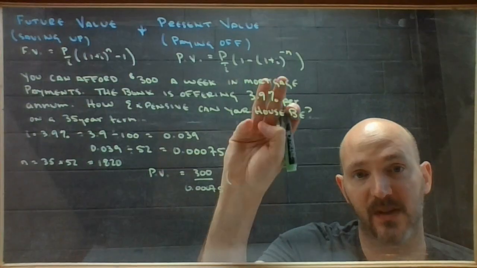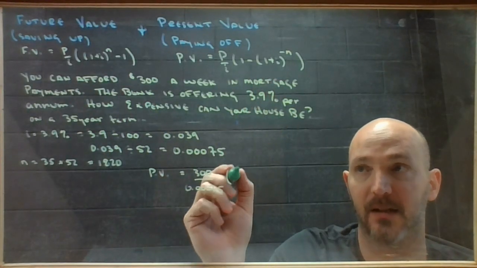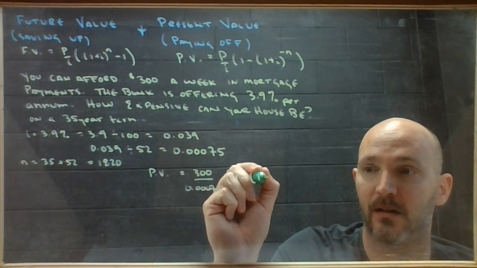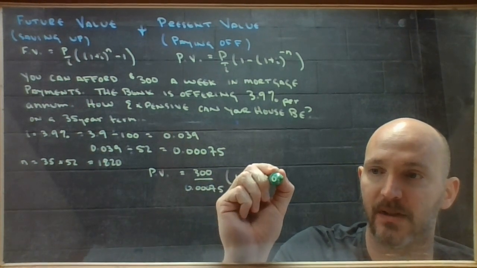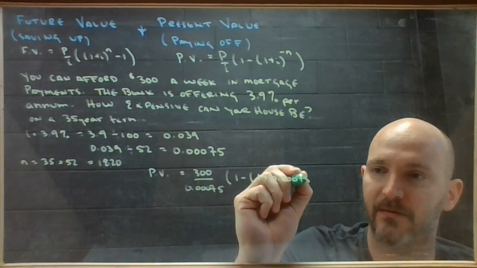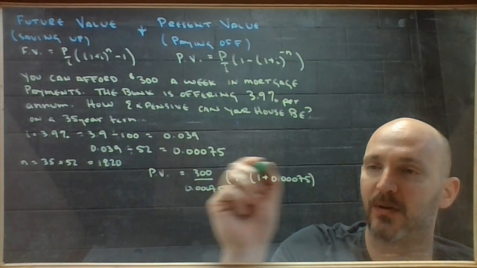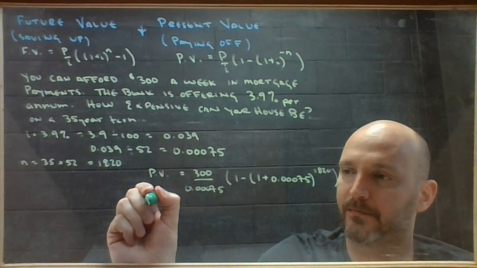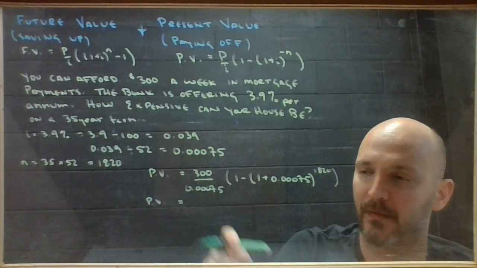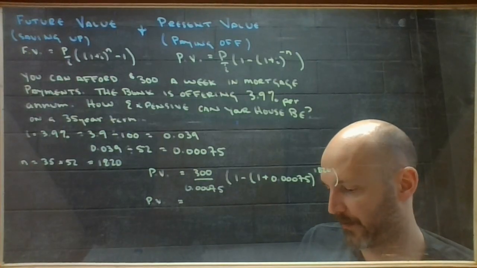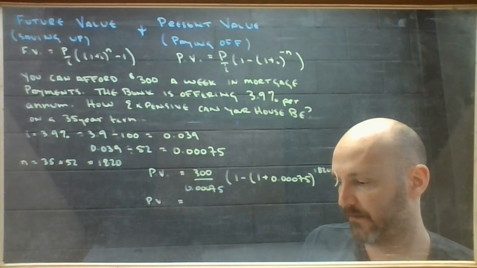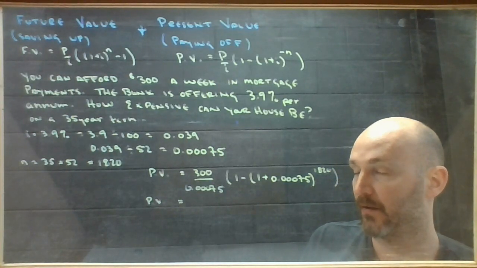These things have switched now compared to the future value formula because I am tearing down instead of building up a sum of money. 1 plus 0.00075 to the exponent 1,820. All right, so 300 divided by 0.00075 gives me $400,000.